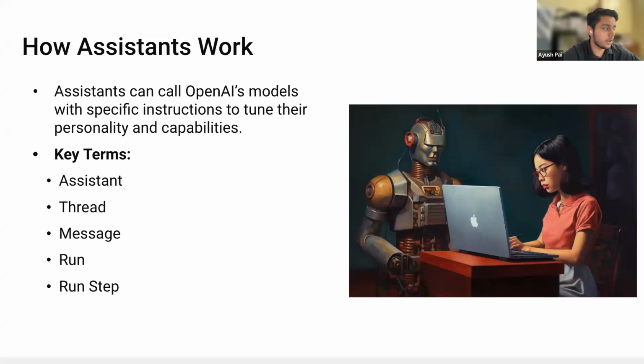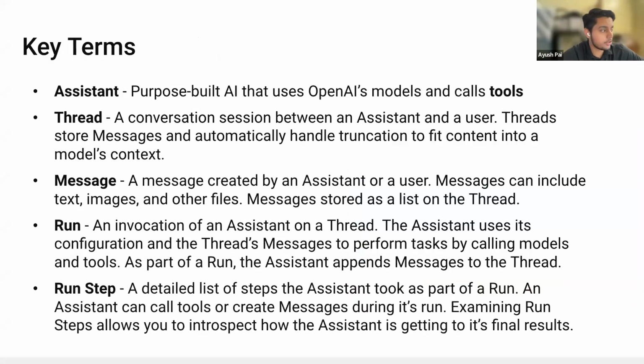And so here are some of the key terms that are important to understanding what these assistants are built on: assistant, thread, message, run, and run step. I'll just go over a brief overview of what these are. Assistant is the overlying term for these OpenAI assistants. They're purpose-built AI that use OpenAI models and are built on things called tools, and we'll go over those a little bit later.